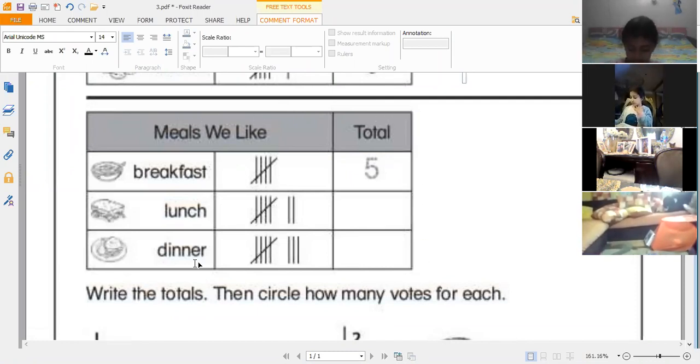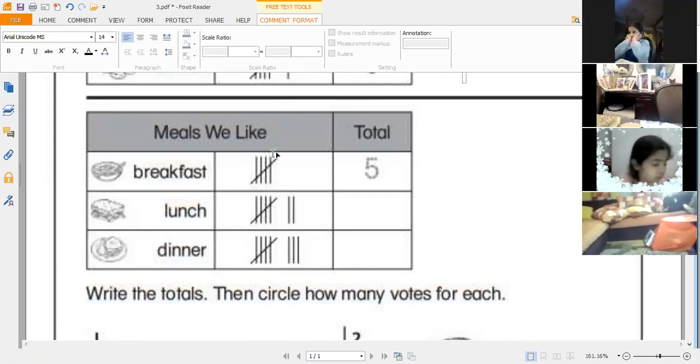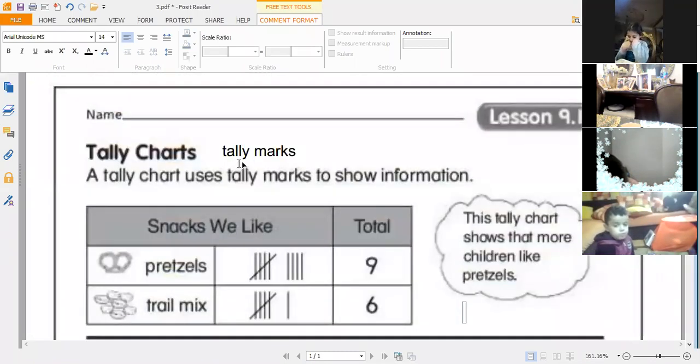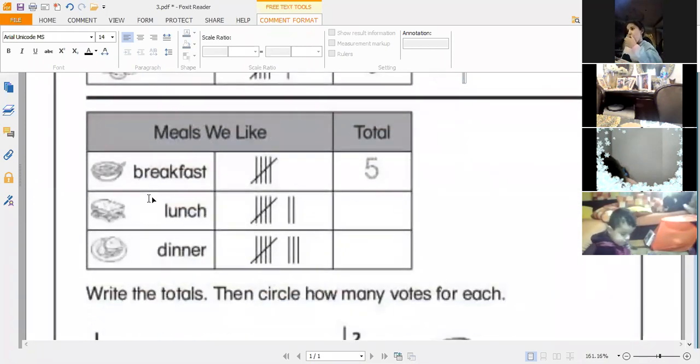Because it has tally marks. It has tally, not teddy. Tally chart. Yeah, the large one, this table is called a tally chart. We call this a tally chart because it uses the tally marks.